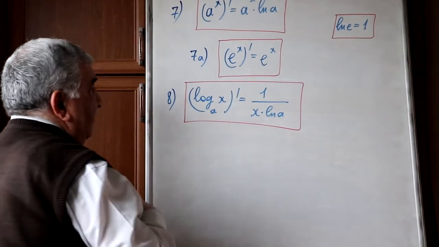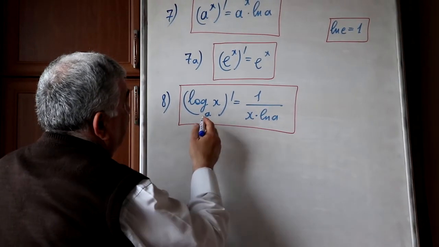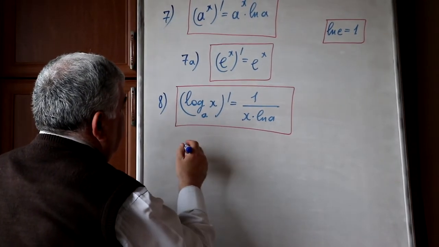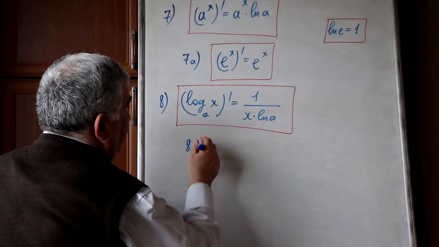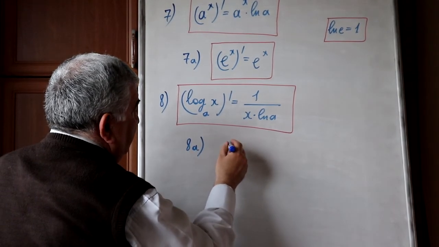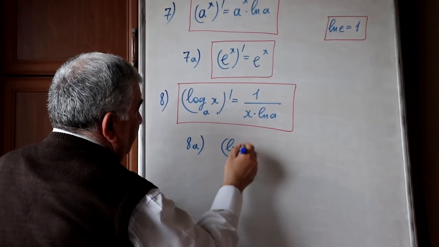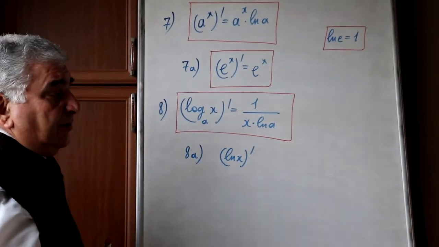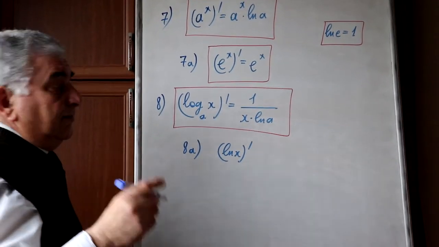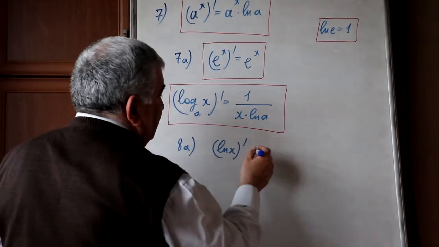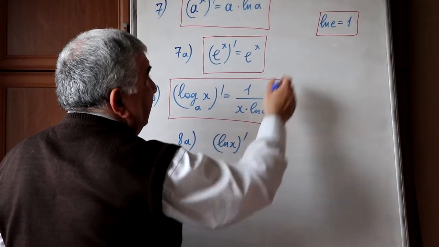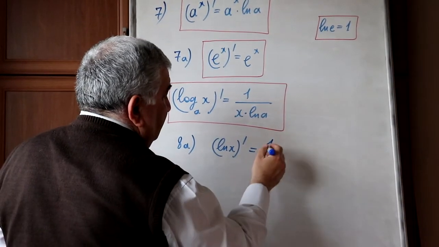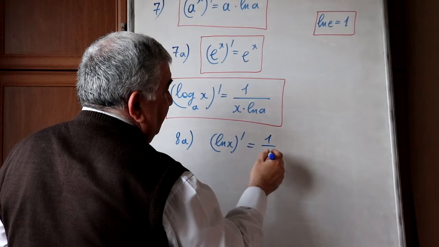And its particular form, 8a, if a is e: natural logarithm of x prime, because you know that the natural logarithm is the logarithm with respect to base e, and natural logarithm of e is 1. Therefore, we will obtain simply 1 over x.